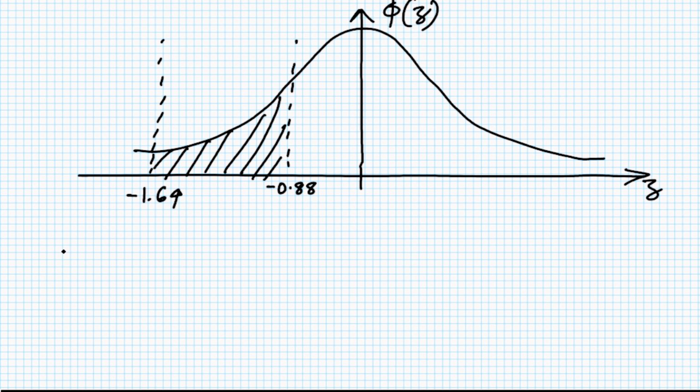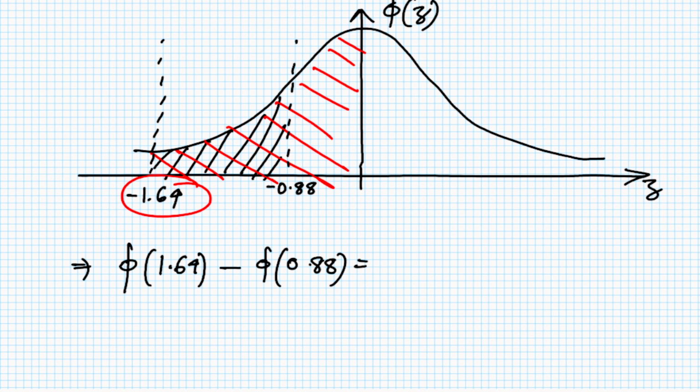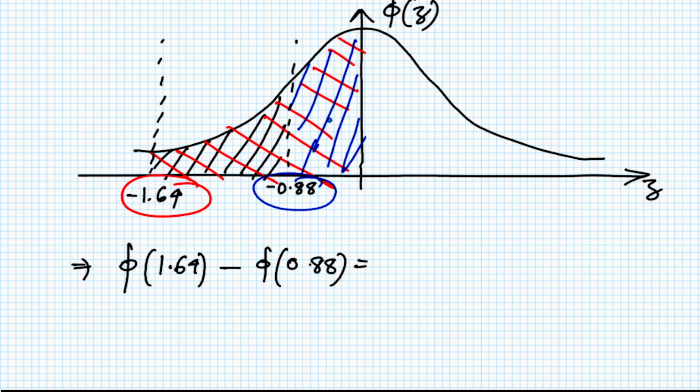They are the same. So your approach will be phi of 1.64 minus phi of 0.88. Why so? Whenever I calculate 1.64, I am calculating the total area between 0 and that. This total area is not required. I have to eliminate the area corresponding to 0.88, that is nothing but this area, which I want to subtract.